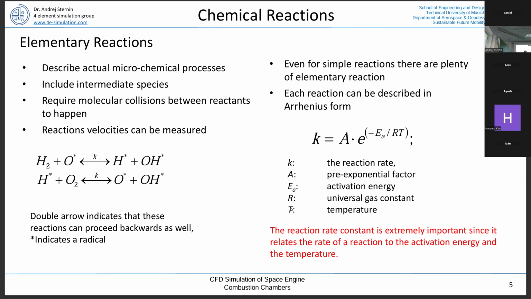What I think is also interesting to know is that we have those arrows. These arrows are an indicator that reactions are possible both ways. Meaning, if we are in chemical equilibrium, the production of species is basically negligible, but the number of reactions going back and forth is very, very high.